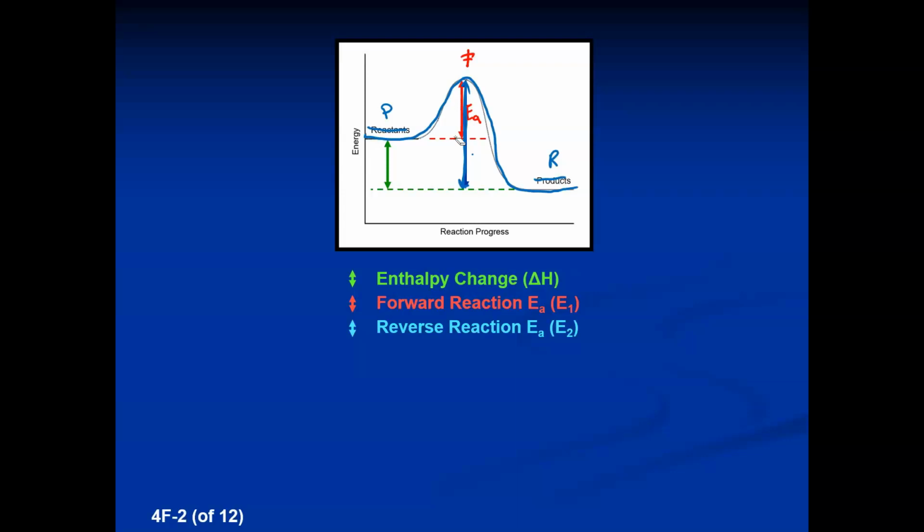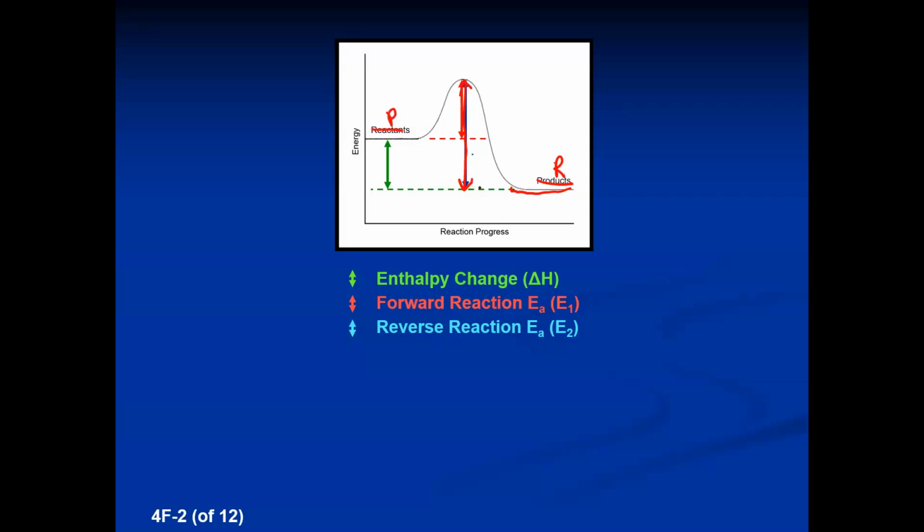Now, why? If we're going forwards, our activation energy is smaller, right? Smaller activation energy, faster reaction. If we're going backwards, so that makes this our reactants and these our products, then our activation energy is much larger.